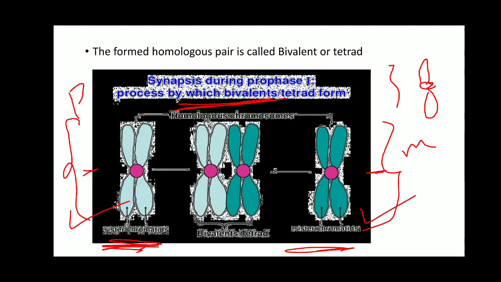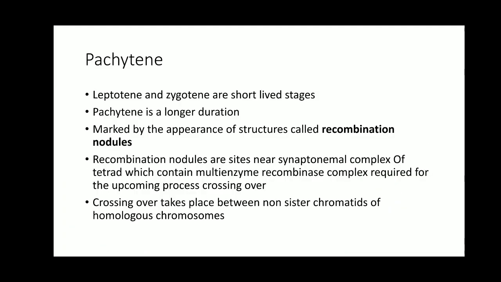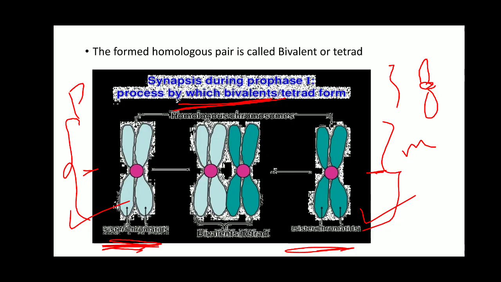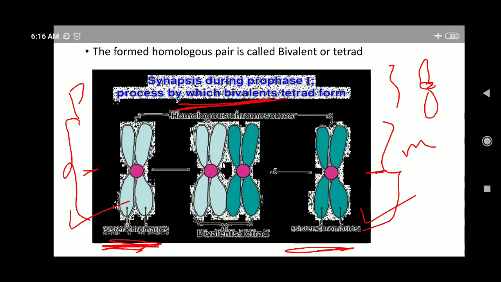If you see in the diagram, a synaptonemal complex is formed between these two homologous chromosomes, which adheres them together, and therefore the resulting pair of homologous chromosomes is known as a bivalent or a tetrad.